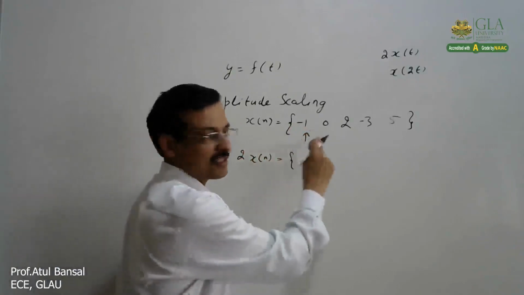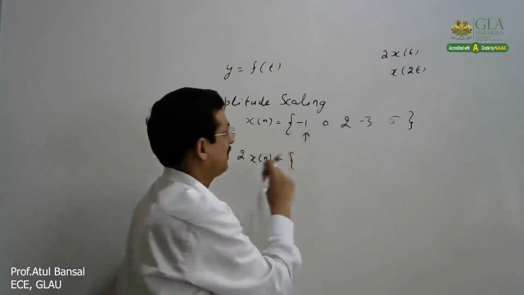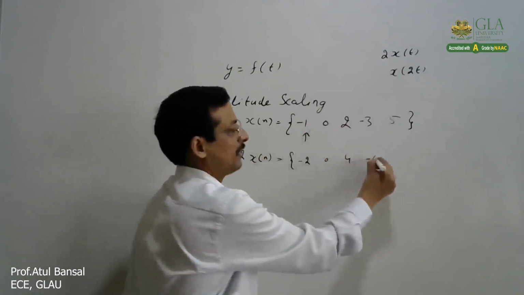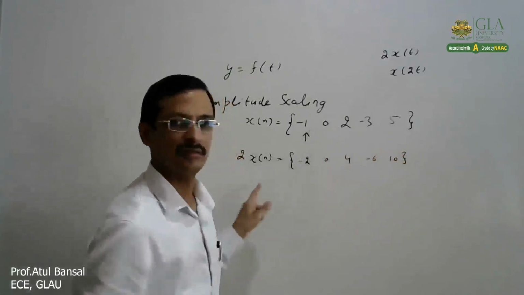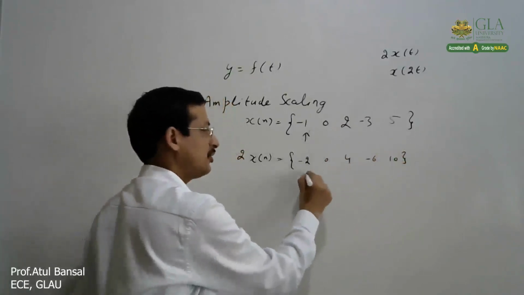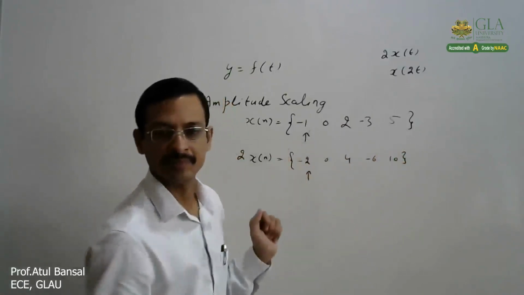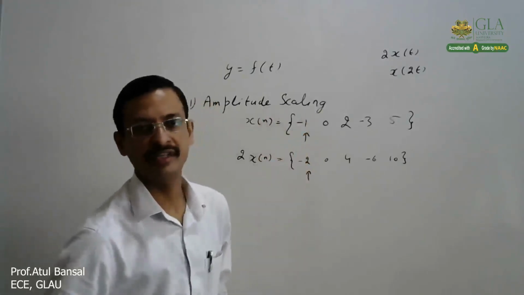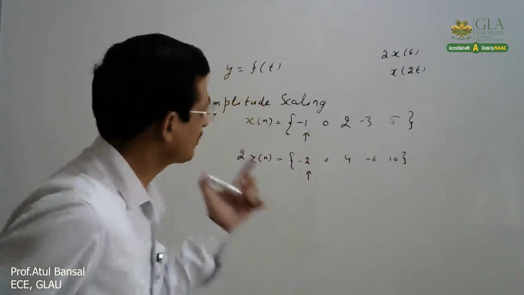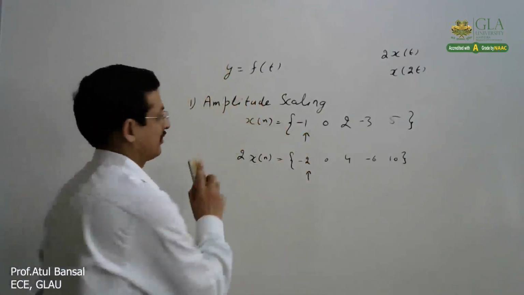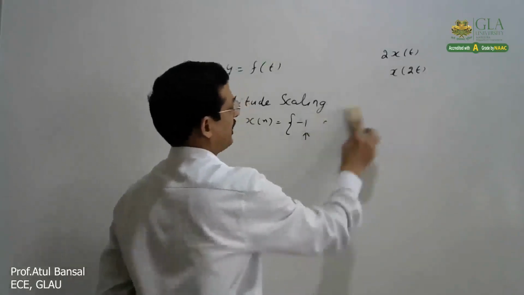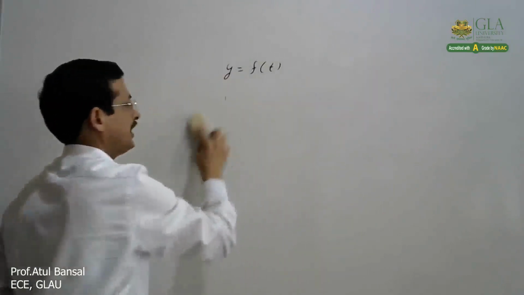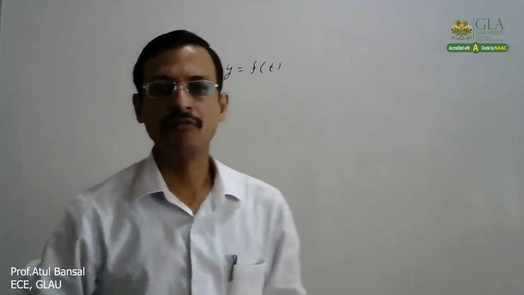So 2 of x[n] means each instant's magnitude will be multiplied by 2. So this will become -2. 0 into 2 will remain 0, then 4, -6, 10. And the 0 instant will remain at the same point. So that is how this happens in case of amplitude scaling for discrete time signals. Clear? So that is the amplitude scaling transformation on dependent variable, whether it is discrete time or continuous time. Now next we move to addition of signal.